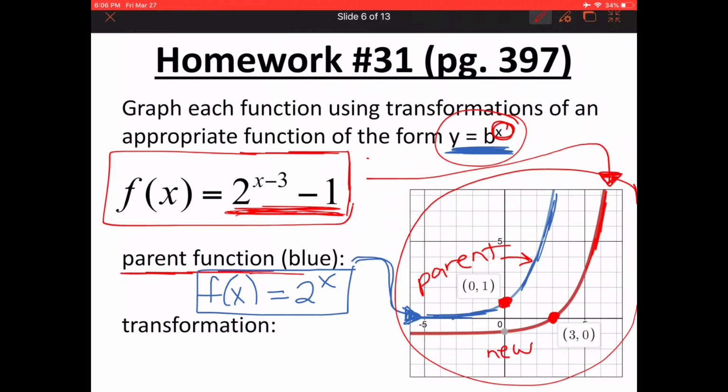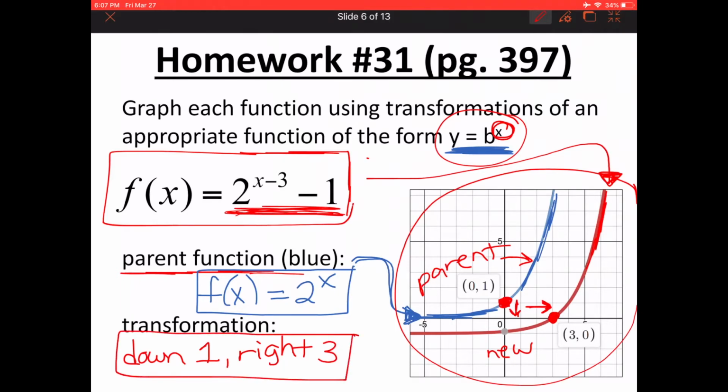So what has that point done? It has gone down, and it has gone to the right. So the transformation that you would tell me is that it has gone down 1, and it has gone to the right 3. So here's the second part of your answer, and notice if we look at the equation that we were given, we can see where that comes from.